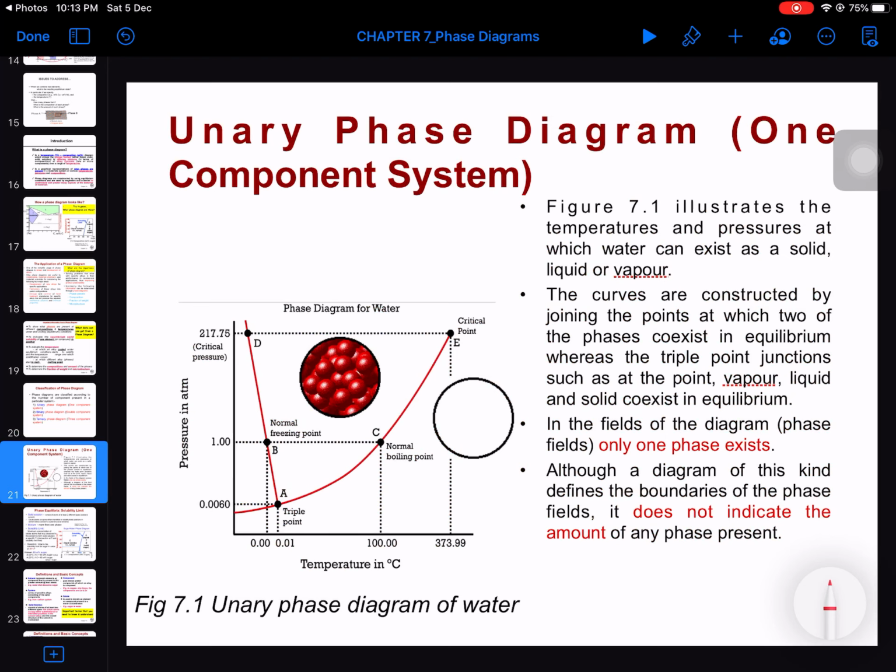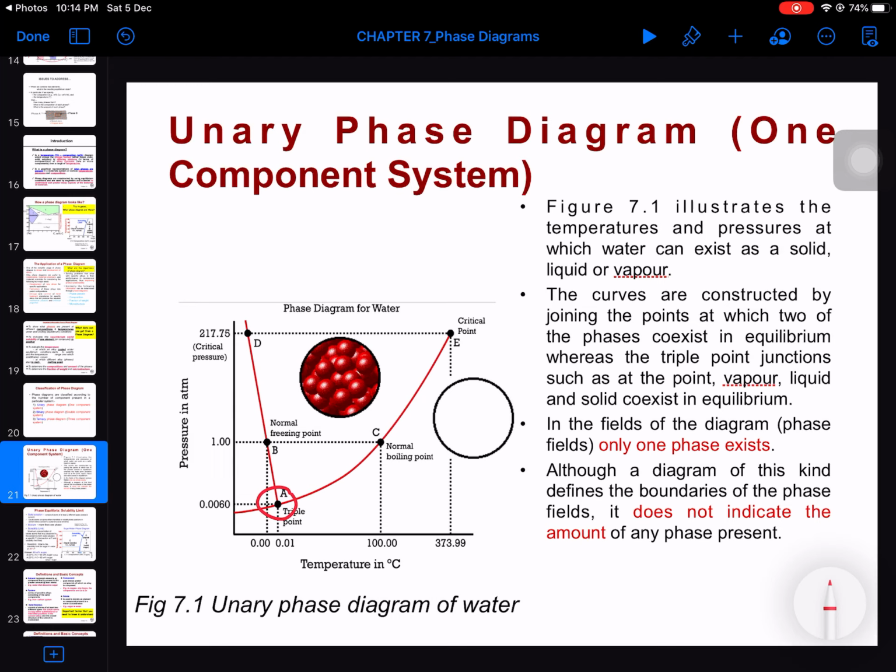This is an example of a unary phase diagram, which is a one component system, and this is a unary phase diagram for water. We are looking at water in different phases: solid, liquid, and vapor. The curves in the unary phase diagram are constructed by joining the points at which two of the phases coexist in equilibrium, whereas at the triple junction, vapor, liquid, and solid coexist in equilibrium.